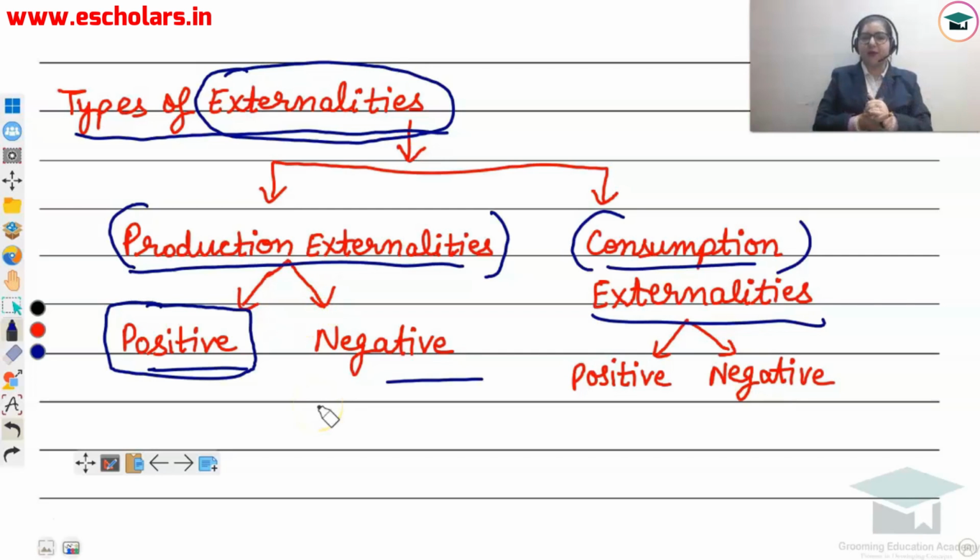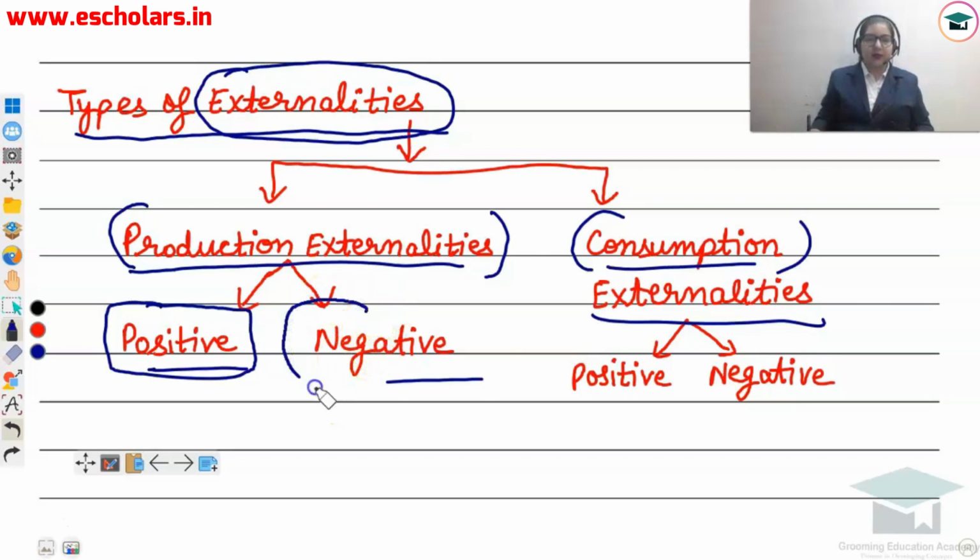And another example of positive production externality is, let's suppose a person raises an attractive garden, okay, and those who pass nearby also watch that attractive garden and enjoy the garden, right? So that is also a positive externality, right?